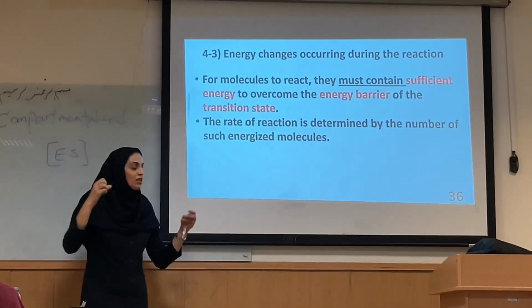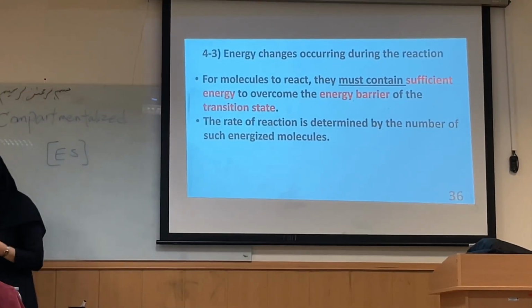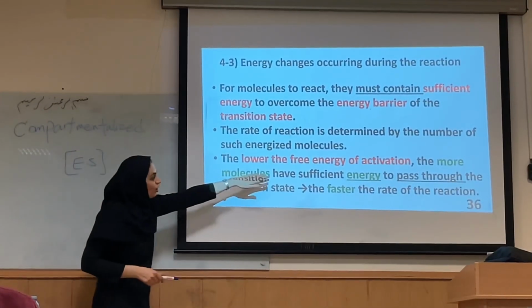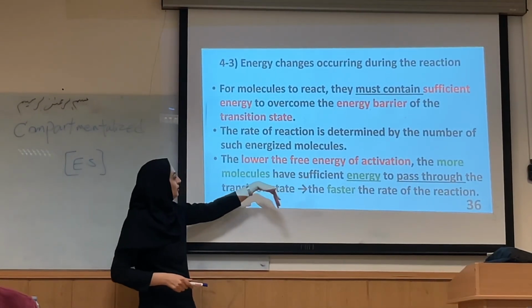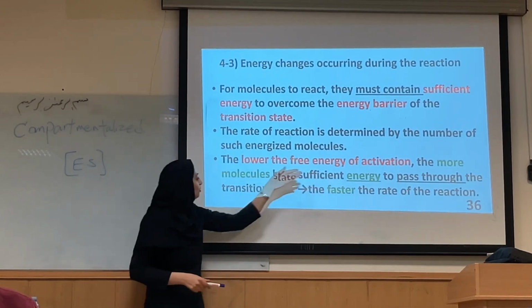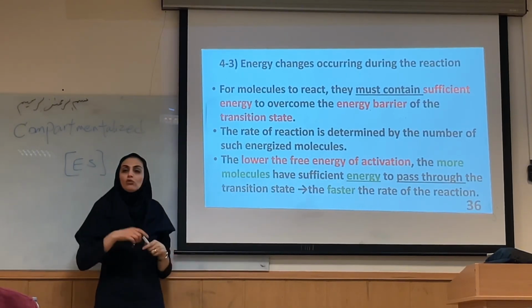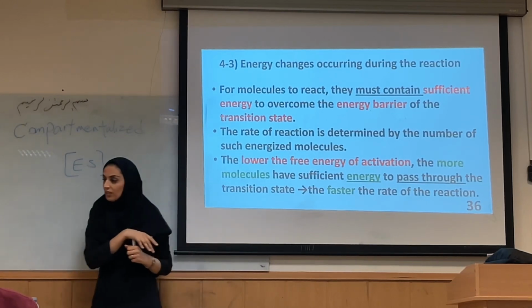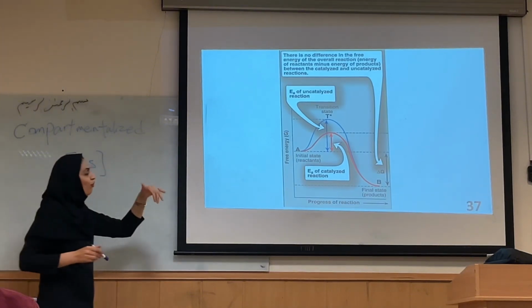The number of molecules that can react increases. And the lower energy of activation leads to more molecules having energy and can speed up the reaction rate. It is again another, more formal form.